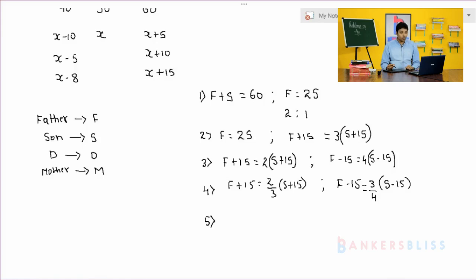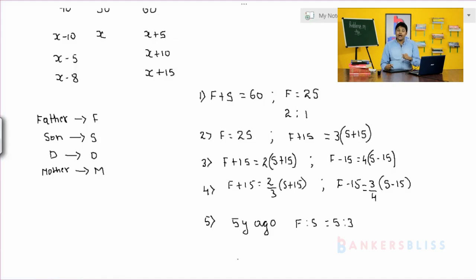What they are telling is, 5 years ago the age of the father and son was in the ratio 5:3. So first condition, 5 years ago, father is to son, that is 5:3.